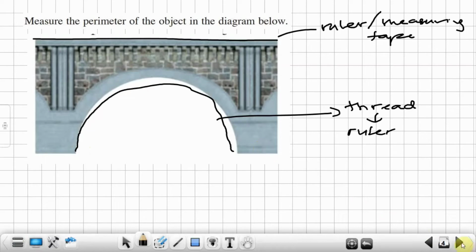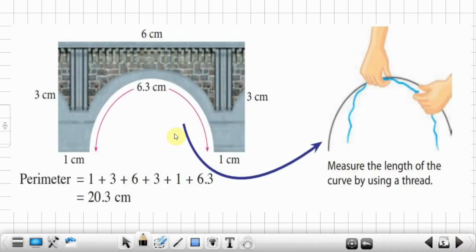So let's say we have measured it. This is 6 cm, 3 cm, 3 cm. This lower part is 1 cm and the curved side is 6.3 cm. This is how we measure the length of the curve by using thread.